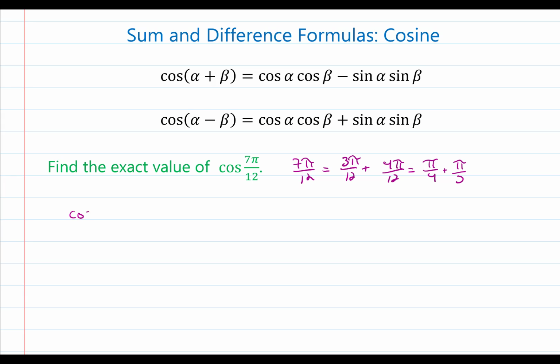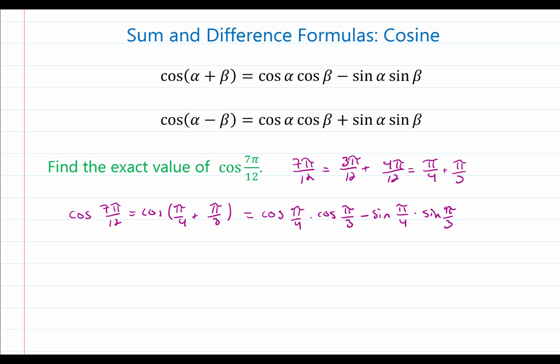So now I can rewrite cosine of 7 pi over 12 as cosine of pi over 4 plus pi over 3, and this will be equal to, according to my sum formula, cosine of pi over 4 times cosine of pi over 3 minus sine of pi over 4 times sine of pi over 3.